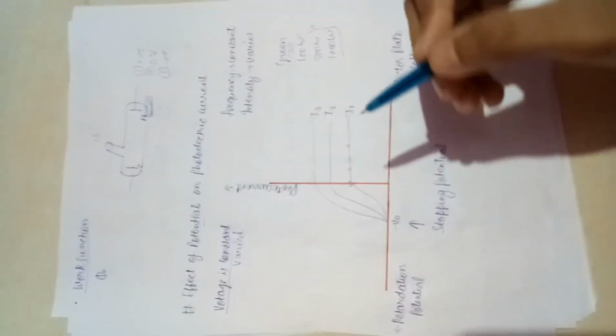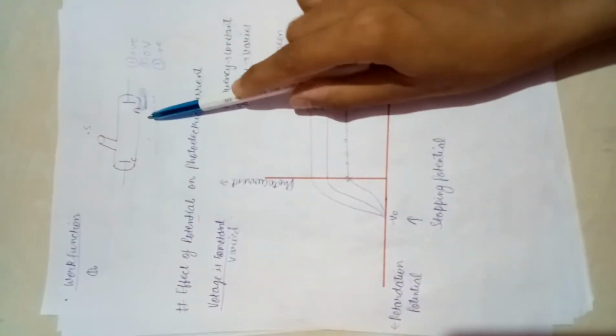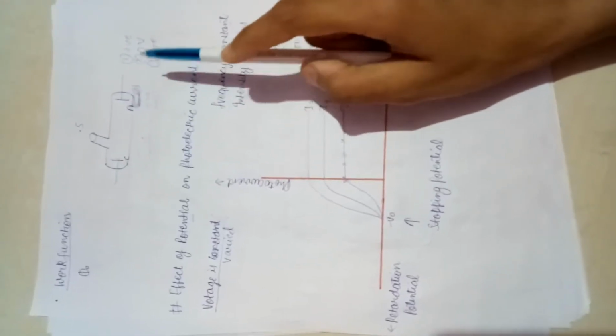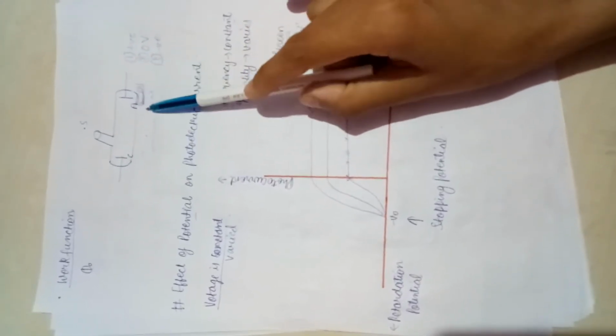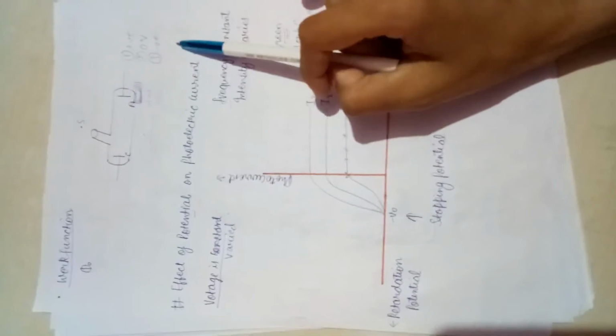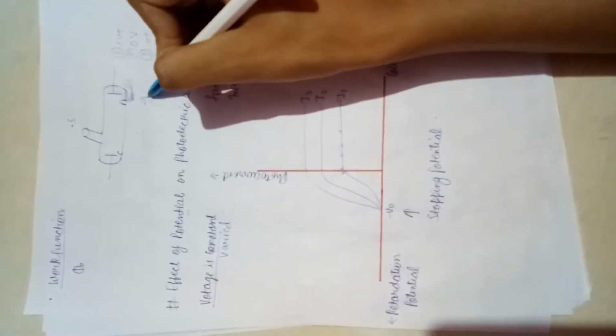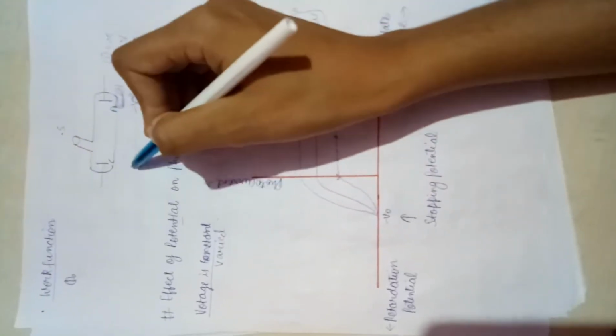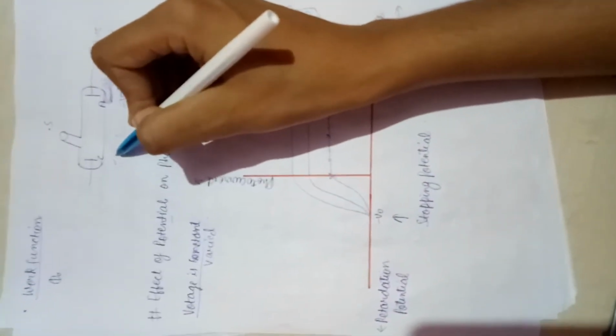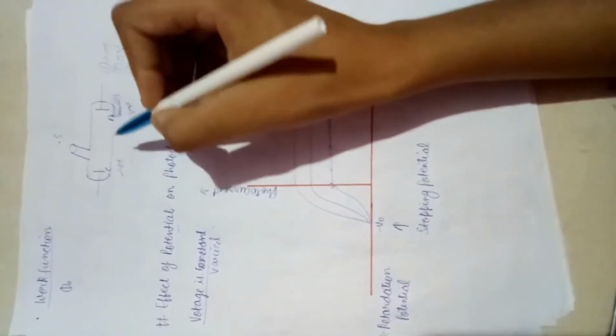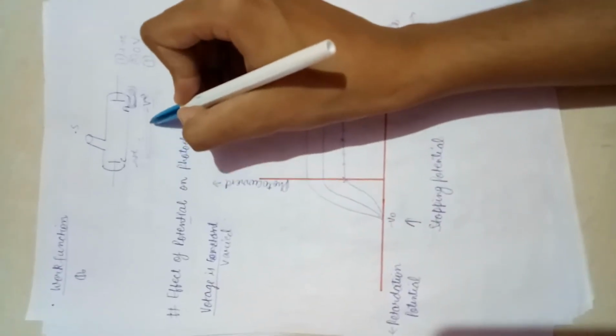And then if we give this anode a negative potential value, we are giving this side a negative voltage, and the electrons coming are already negative. So a repulsive force comes into the picture.